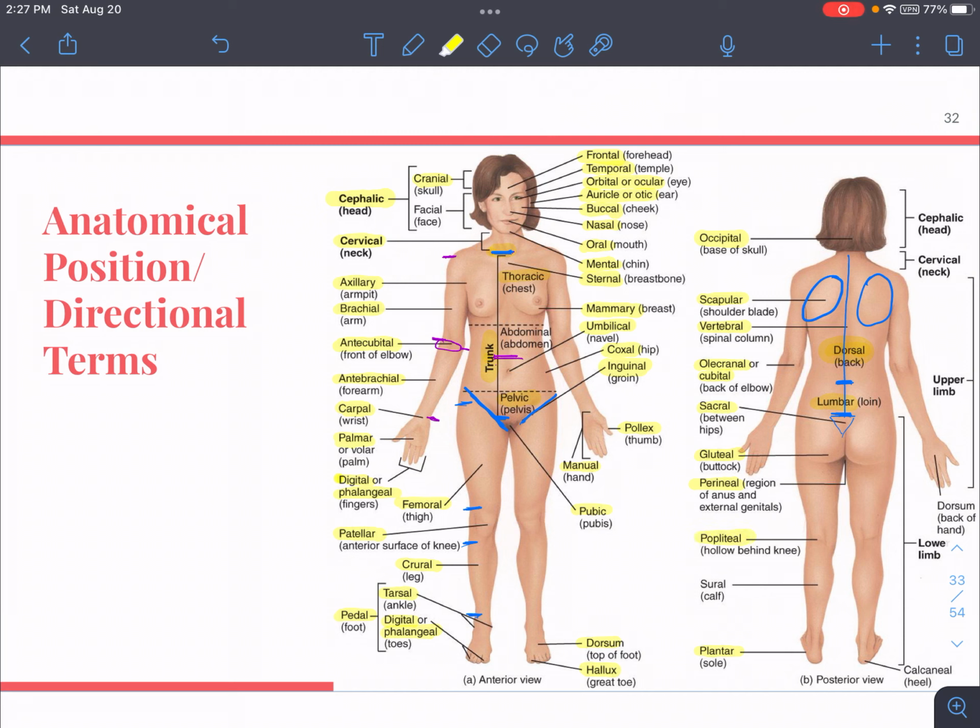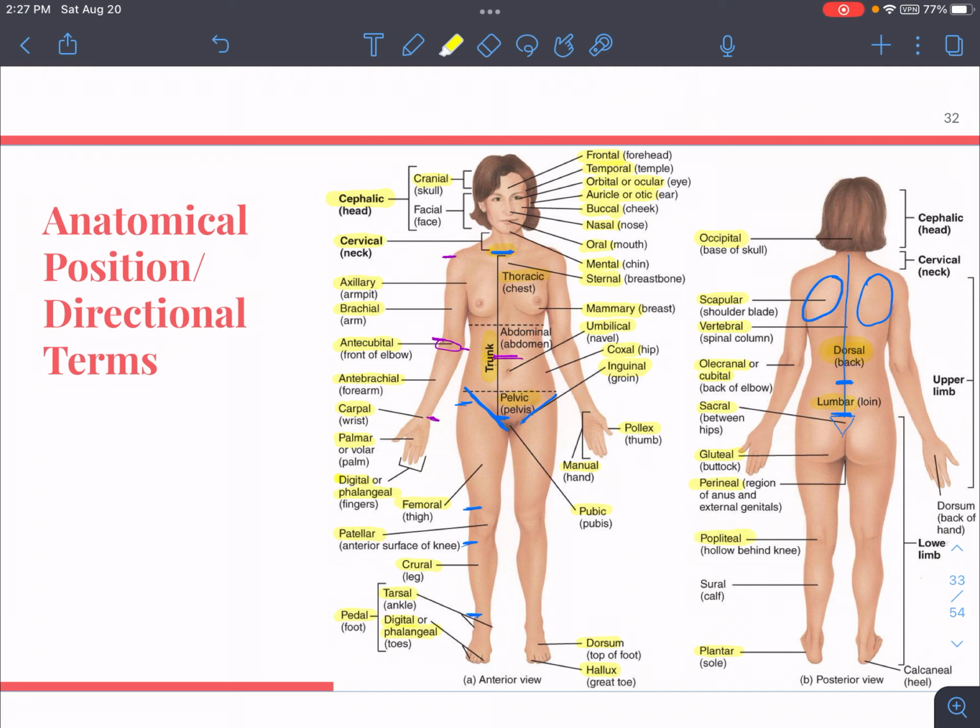Sural is calf, while calcaneal is the heel. We have the upper limb, which is your arm, and your lower limbs are your legs.